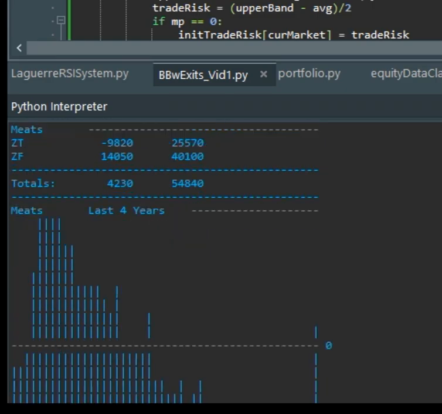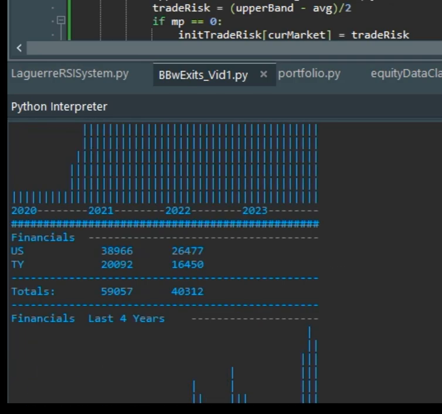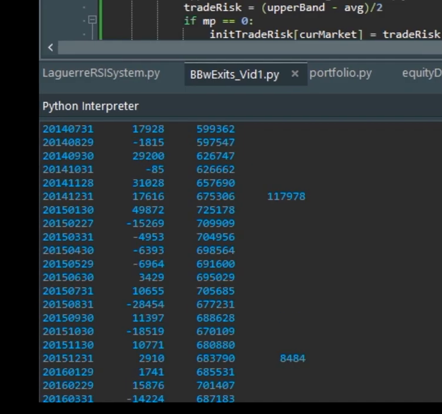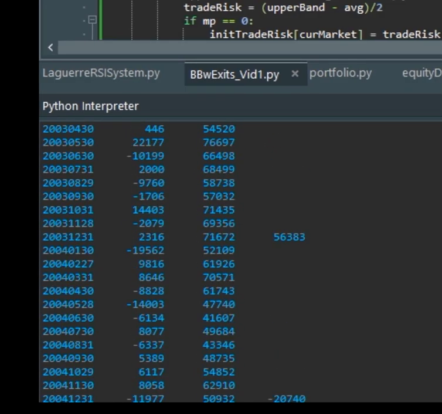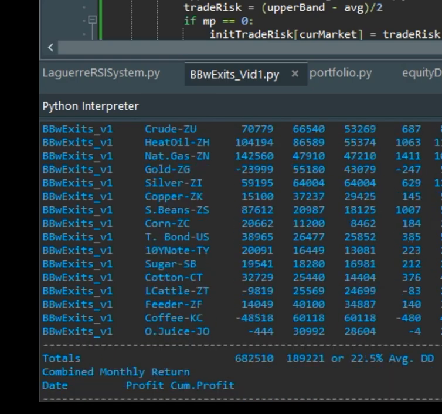So let's see what this system did. These are all the sectors. I'll give you how they've done in the past 4 years. Little text-based graphics there, we'll just ignore that right now. We'll just go to the numbers. Okay, there they are. The total profit is 682,000.